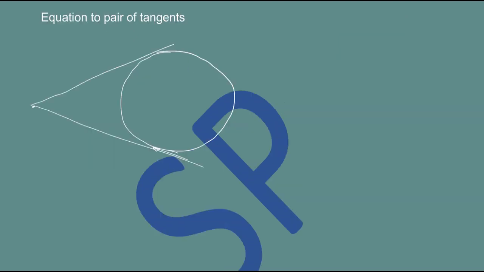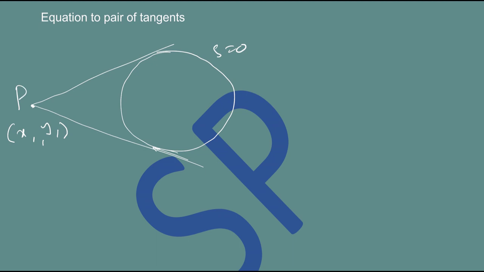Now look at the last concept for this class, equation to pair of tangents. Suppose we are given a circle S equal to 0 and a point outside the circle. We know that it is possible to draw two tangents only when the point is outside the circle.